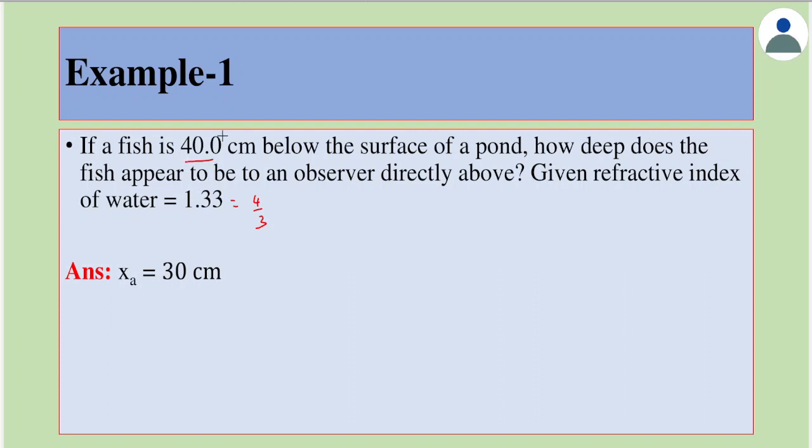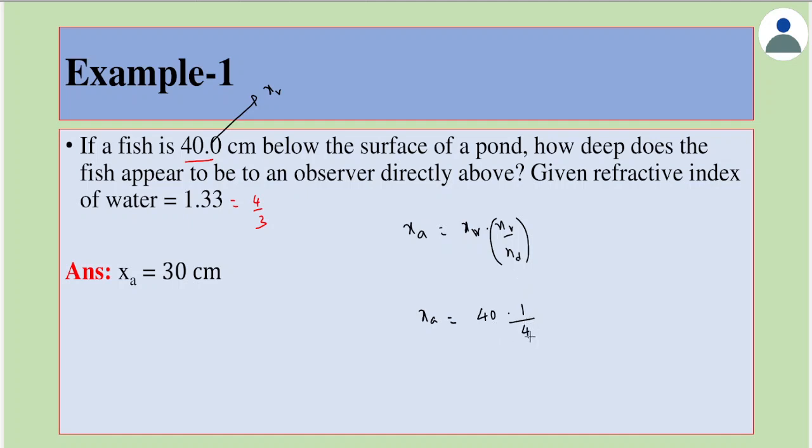The fish depth is given. So what is given here is the real depth. The question says how much it appears to be. It's the apparent depth. We know that x apparent is equal to x real into nr by nd. In this case, x apparent is equal to x real, which is 40 centimeter, into nr would be 1, because the other medium is air, and nd here is 4 by 3.